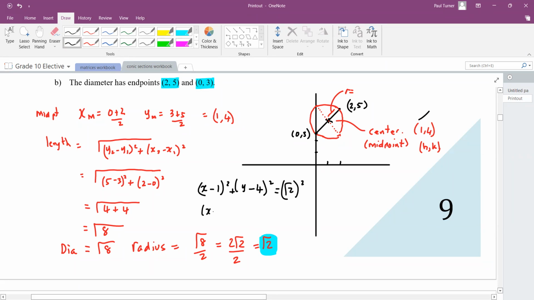So this would be x minus 1 squared plus y minus 4 squared equals root 2 squared, which is 2. Okay, so this is your final equation. Root 2 is your radius, and your center is 1, 4.